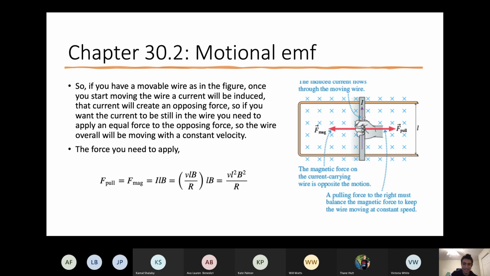Since you have a current in the wire, this current will create a magnetic force. But this force will be opposing the force you're pulling the wire with. So if you want the current to stay in the wire, you need to apply a force equal to the opposing magnetic force. So the wire overall will be moving at a constant velocity.